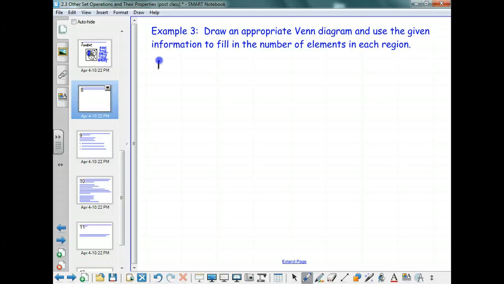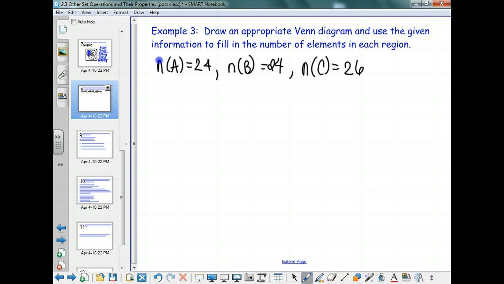We're going to start with the number of items in A is 24. The number of items in B, also 24. The number of items in C is 26. The number of items in A intersect B is 10.